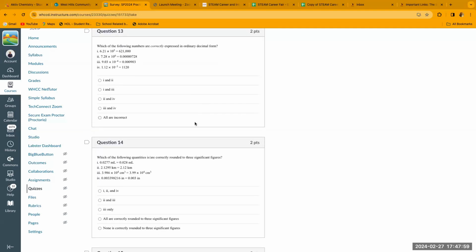Which of the following numbers are correctly expressed in ordinary decimal form? Okay, this is the first one. So 1, 2, 3, 4, 5.